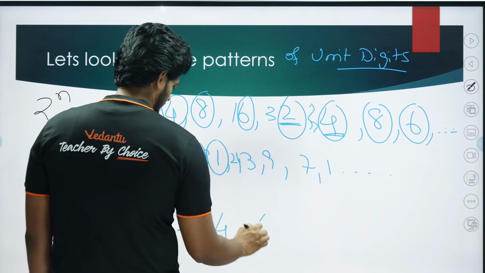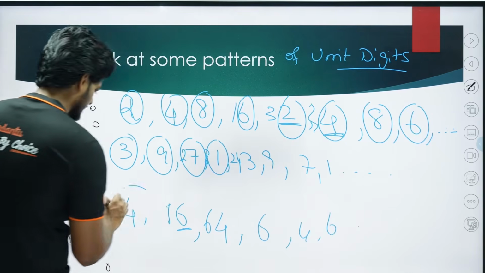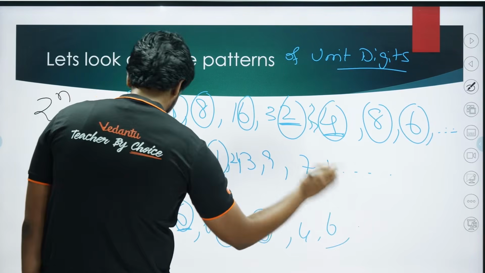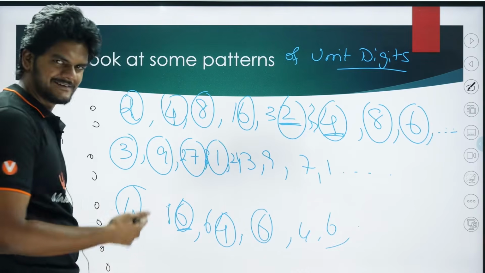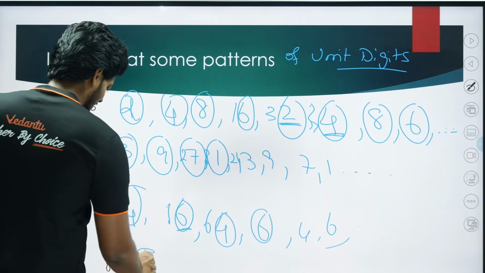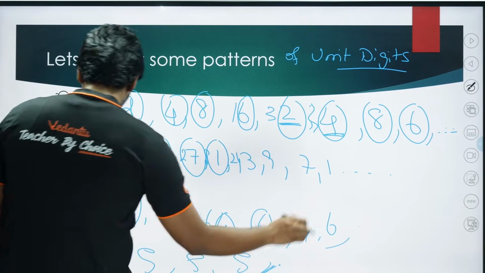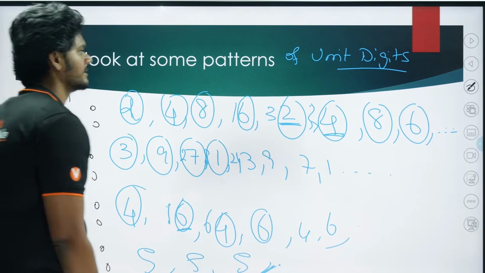It's going to be something 6, something 4, something 6. So do you see the pattern here? 4, 6, 4, 6, 4, 6 is repeating. And for 5, it is quite obvious because it will only end with 5. Right? 5, it's easy. Okay.